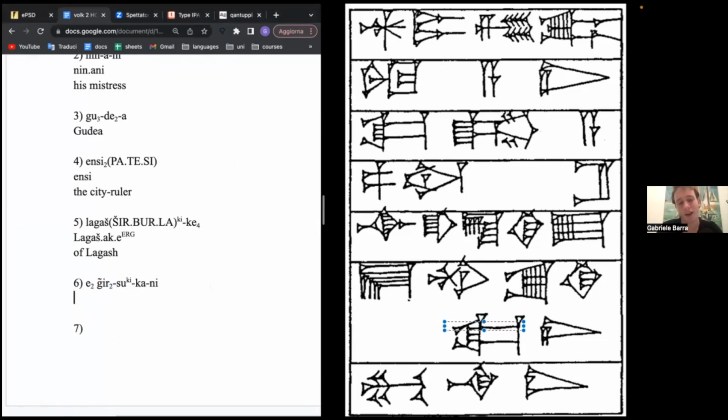Amazing. All right. And what do they stand for? E is the absolutive, but it goes at the end. It's the temple. Right. Then of Girsu, Girsu-k, Ak, Girsu-ak. Of Girsu, yes. And ani. Very well. And 0 because it's the object. Very well. So his temple of Girsu.